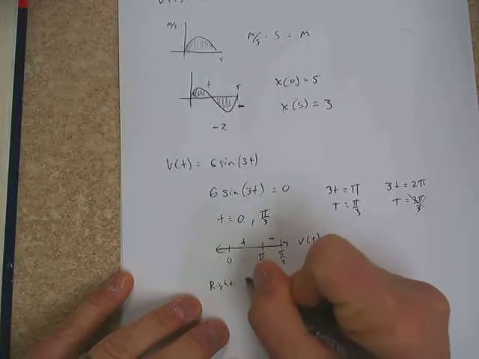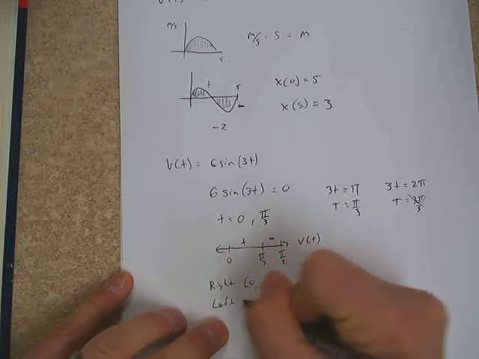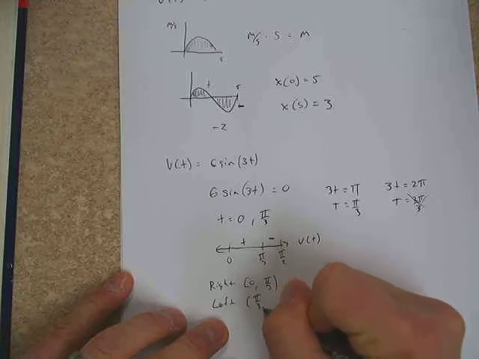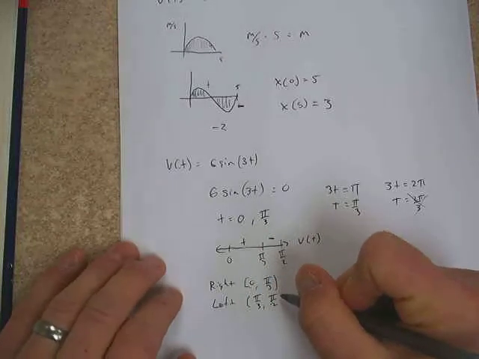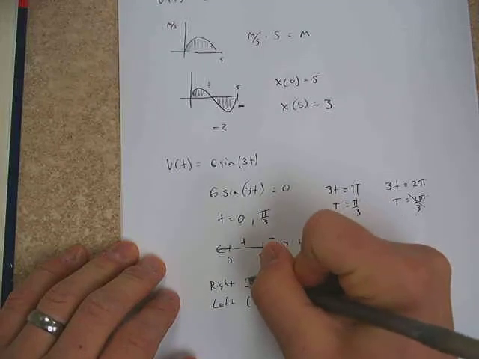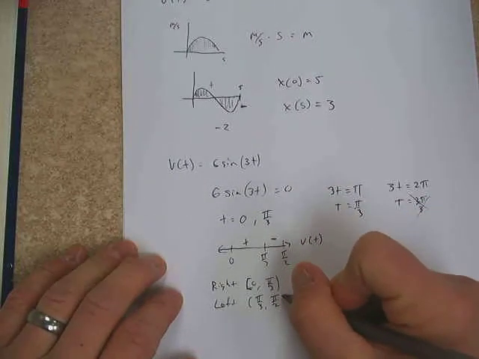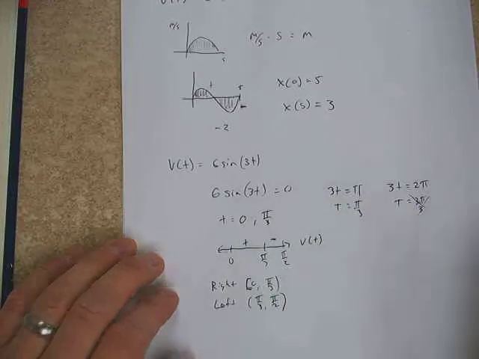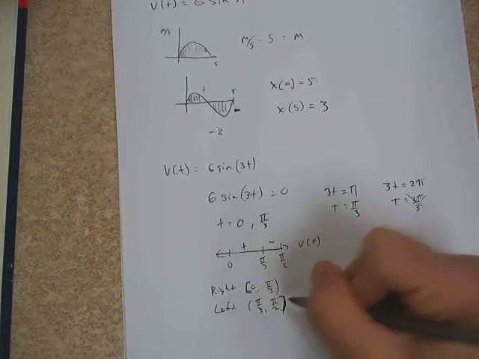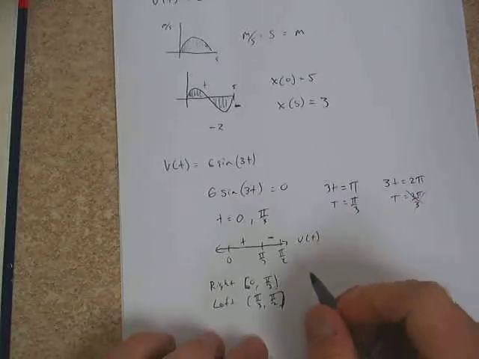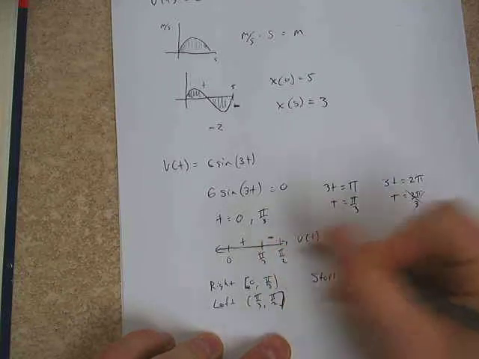And ultimately, to answer the question, again, the question is determine when the particle is moving to the right, so we'd say it's moving to the right on 0 to pi over 3, and it's moving to the left on pi over 3 to pi over 2. And remember, in terms of using brackets or parentheses here, we can use either. It really doesn't matter. So we'll just go with parentheses for this time. For the time being, actually, I'll go with brackets for the endpoints.